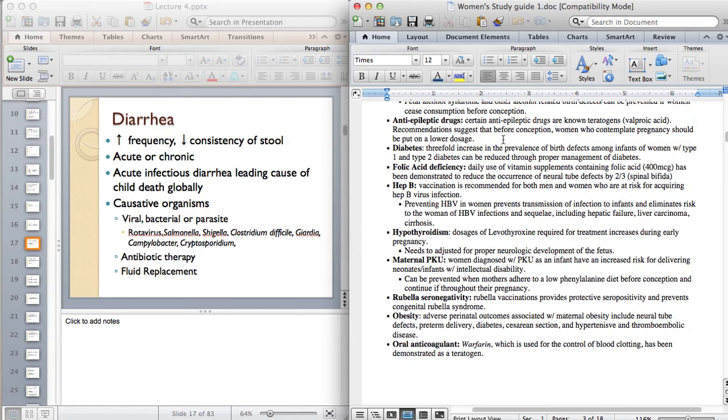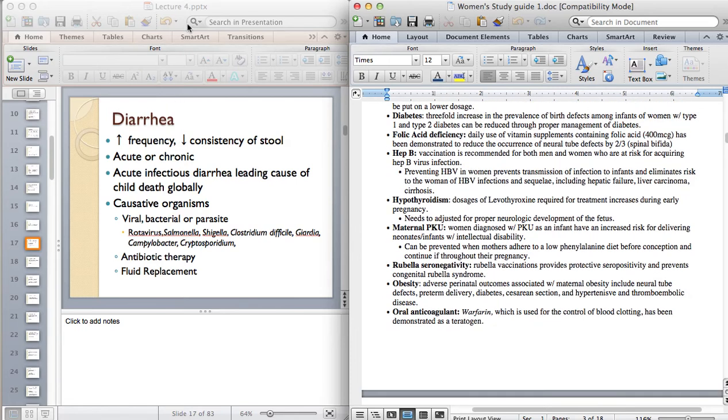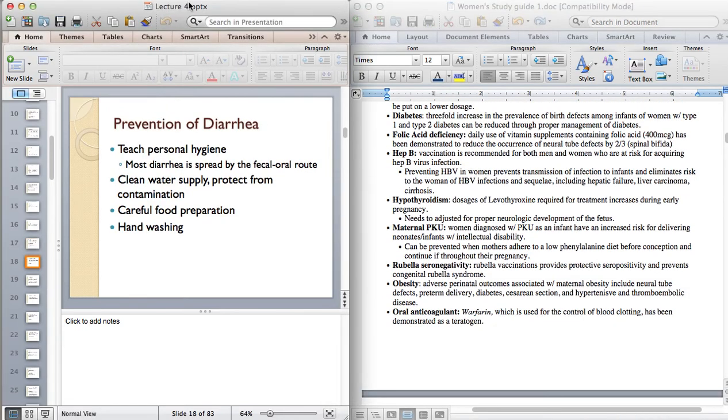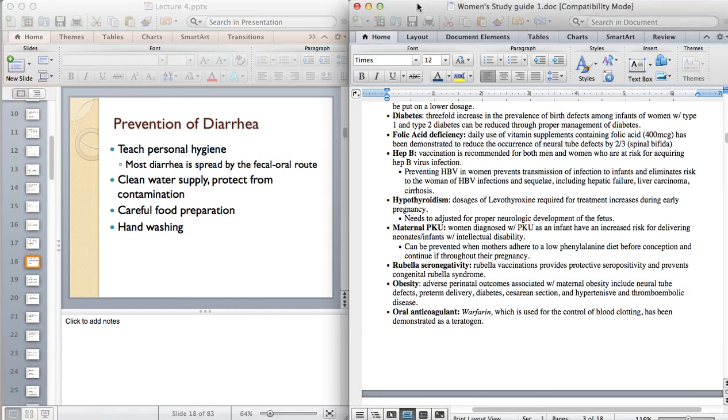So, prevention of diarrhea, of course, will be personal hygiene, simple hand washing. You can go to a daycare center and there is an outbreak of diarrhea. Of course, we want to check out what kind of hygiene they are doing.